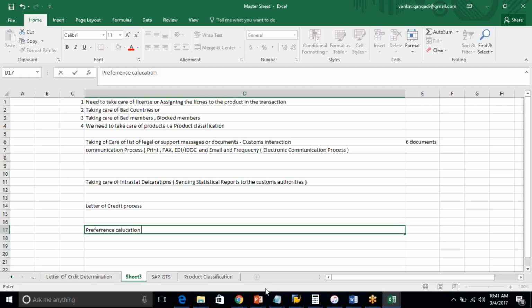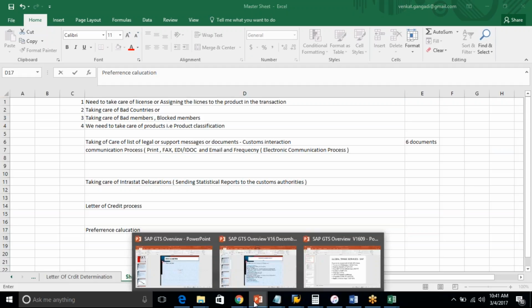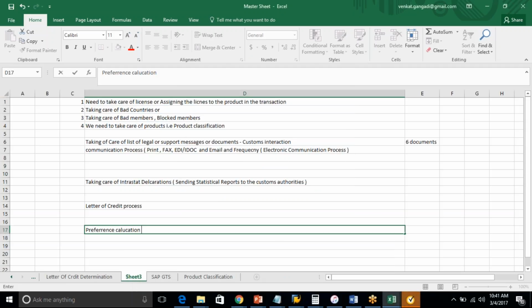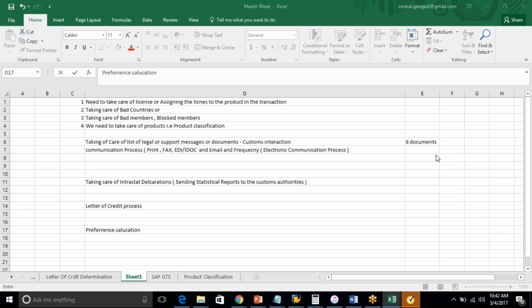Okay. Now, whatever requirements we have spoken about, I will make you understand by correlating them with the application area or functionality of the SAP GTS module. Now you all understood that these are the business requirements and business processes which we have to consider when you think about the import or export process.